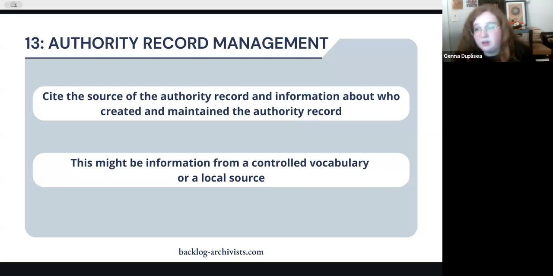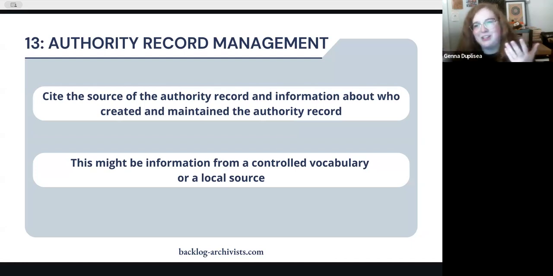So in your authority record, you can explain that. So you can say that we chose this form of the name because this is how the person referred to themselves, rather than how other people are referring to them, because they changed their name for religious reasons, or they're changing their identity, or building a new one.